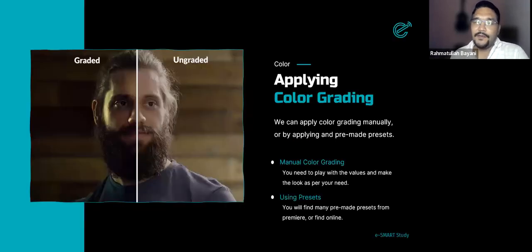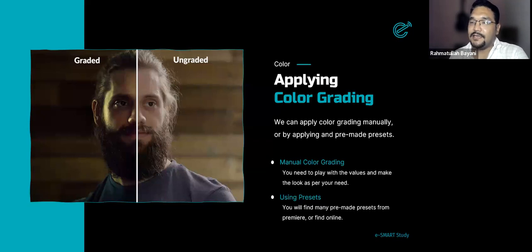And then there are ways that we can apply color grading. We already talked about the differences between color correction and color grading. Now we are going to see the ways that we can add color grading to our movies. As you can see on the screen, the left half and the right half of the image. The right one is ungraded.